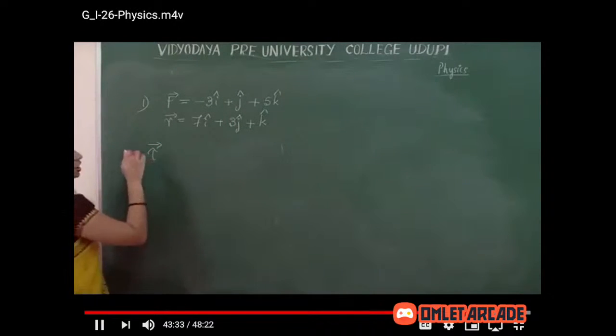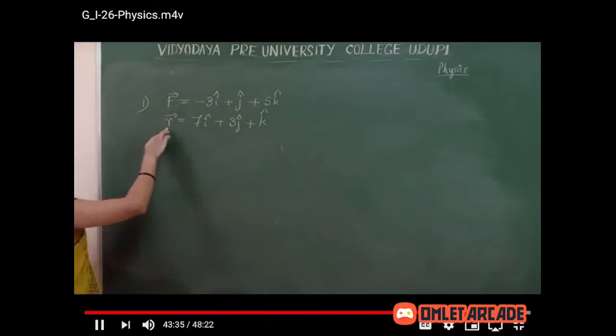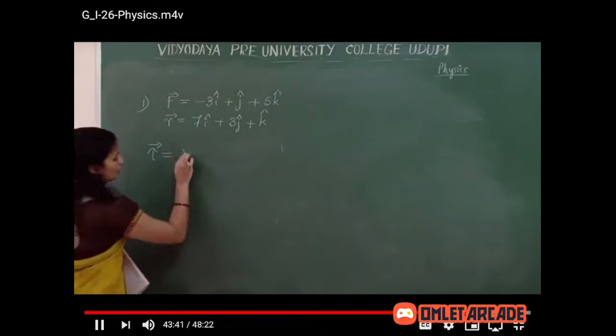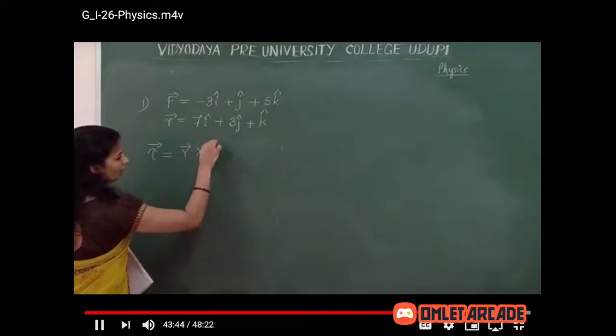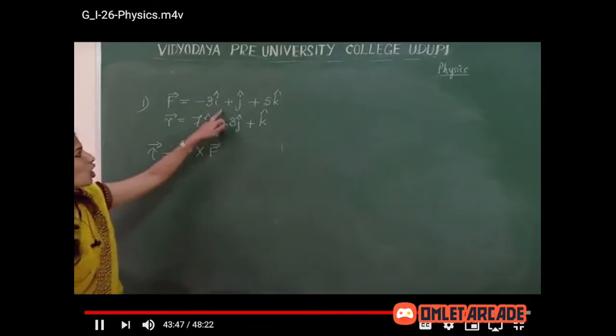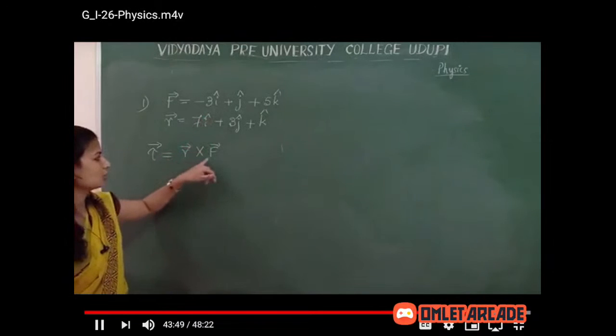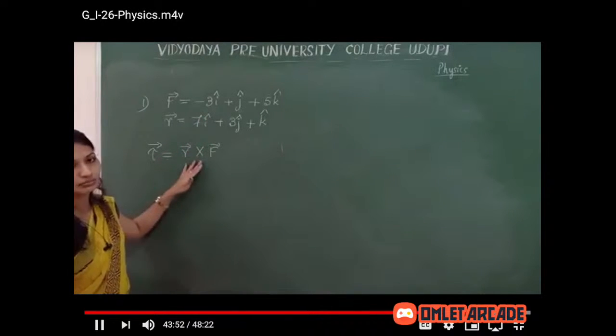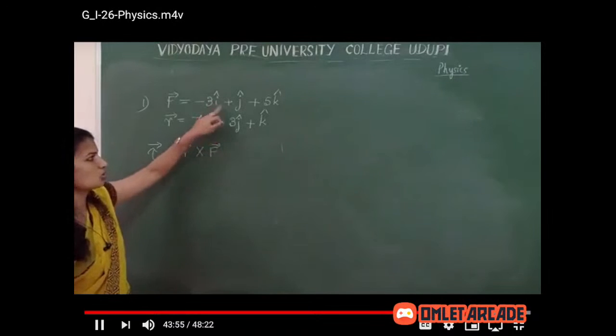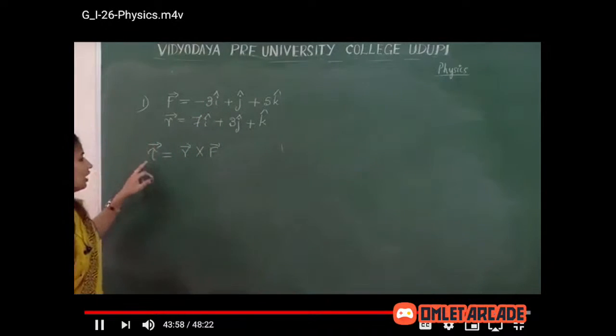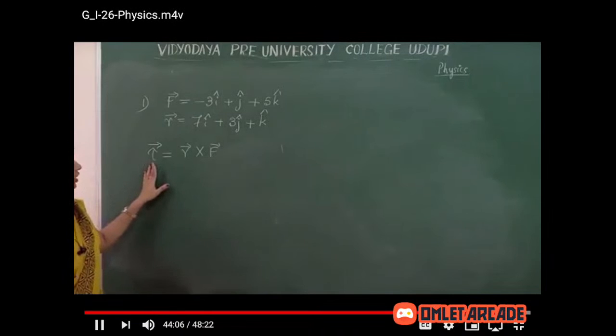We know the relation between tau, the force F and the position vector: tau is equal to r cross F. Be careful, r cross F. If you find the cross product of these two, you will get the value of tau.